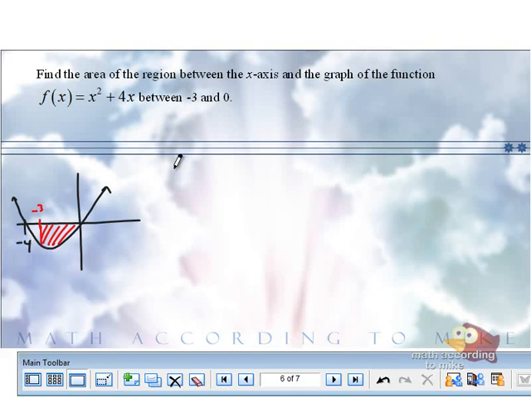So we're going to do the absolute value of the integral from -3 to 0 of x squared plus 4x dx. The absolute values we keep until the end of the problem. So what is the antiderivative of x squared plus 4x?